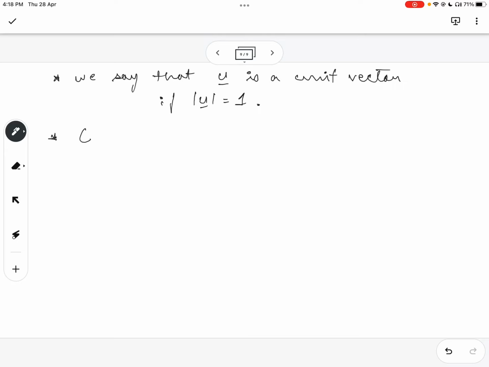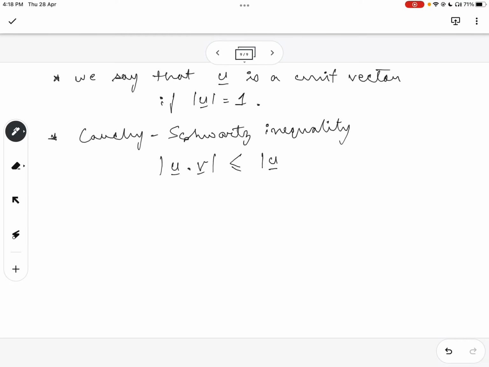Next is the Cauchy-Schwarz inequality, which states that the magnitude of u dot v is always less than or equal to the product of the norms of the two vectors.